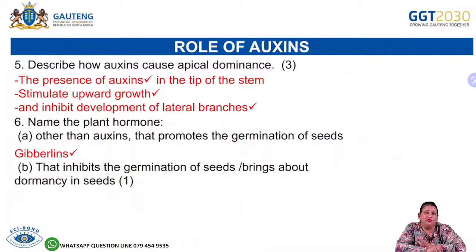Now, you don't want your seeds to start germinating now, because if it germinates now in May, there's no rain. So we want those seeds to stay dormant. Dormant means inactive for a while. If you need to transport seeds from South Africa to Europe, because in Europe there's no mealies, now they want mealie seeds.